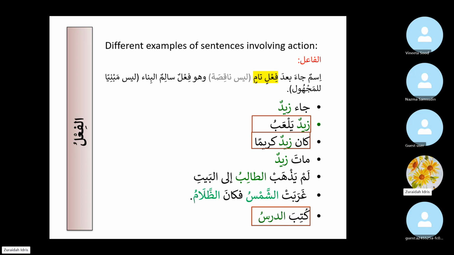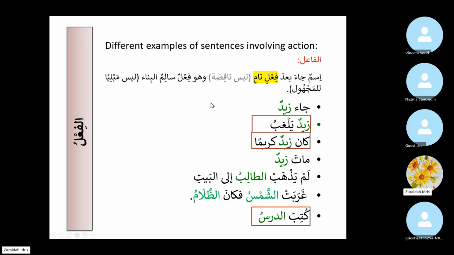They call it hadath, an event, depending on whether you're taking the verb or the masdar. And the element of time. Both of these have to be present for it to become tam.